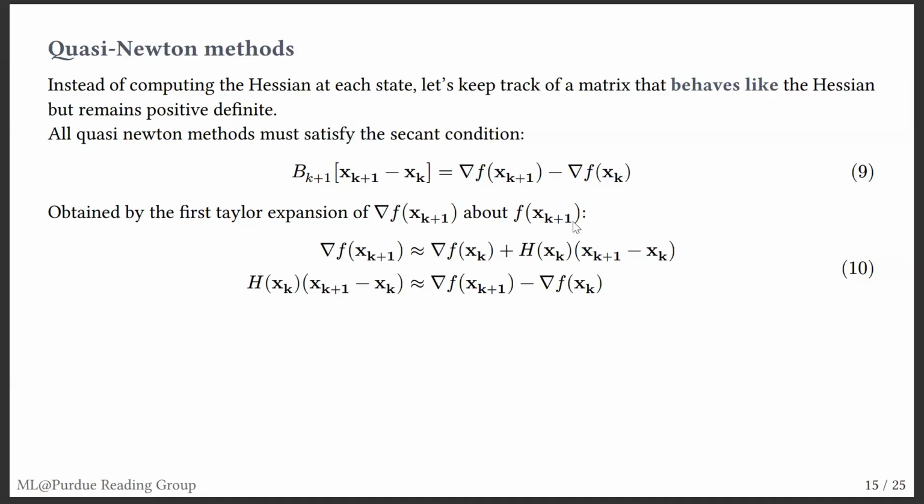I don't think this is incorrect, but that might be slight. I can double check this, but I believe this is correct. So essentially, this is your Taylor approximation with the true Hessian. Your true Hessian times the difference in x's, or the difference of states, is approximately the difference in derivatives, but we're going to set that as a pure equality for our new quasi-Newton matrix B. Does that seem reasonable to everybody when I say this?